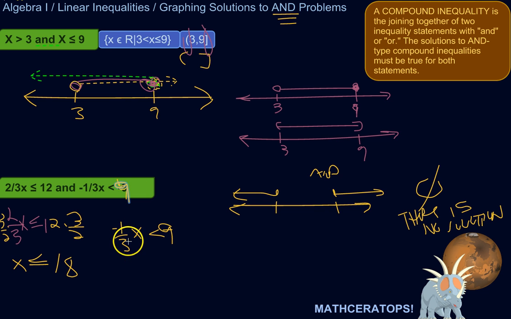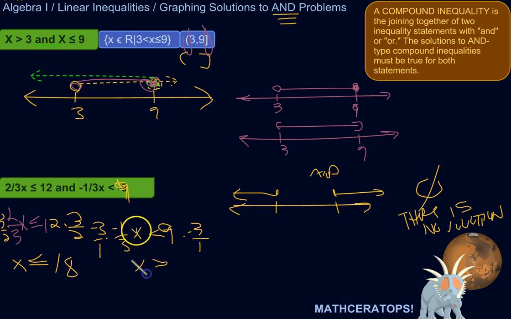Okay. So I want to solve for x here. So I'm going to multiply by negative 3 over 1. Just multiply the reciprocal. Multiply by negative 3 over 1. So first of all, I'm multiplying or dividing by a negative number, so I need to flip the sign.